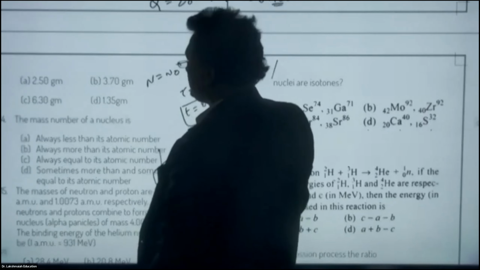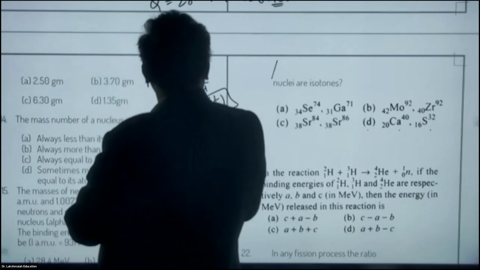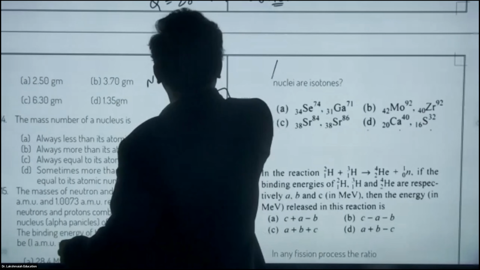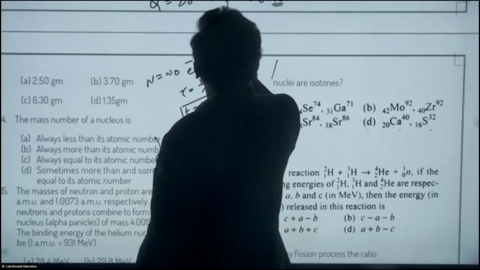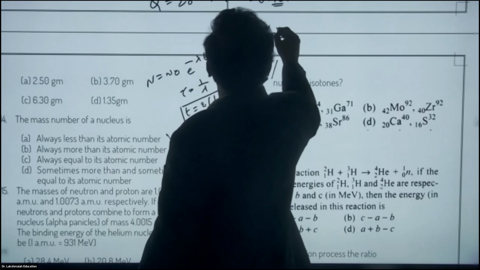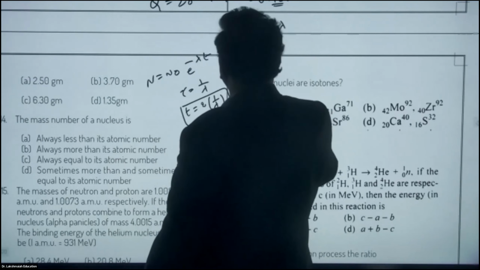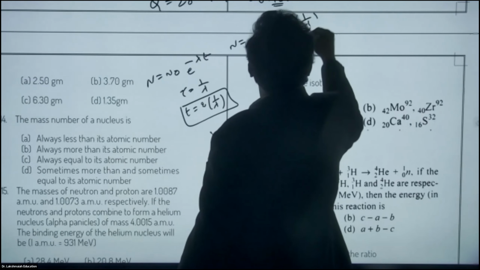Yeah. See, this is two mean lives, no? 2 into 1 by lambda. Now substitute there. That is N is equal to N naught e to the power of minus lambda t, means you write 2 into 1 by lambda.